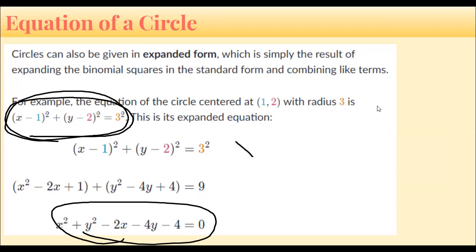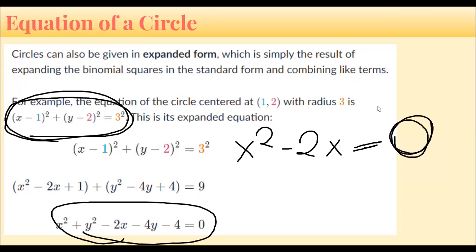If you have x squared minus 2x, let's say, hypothetically, is equal to 0. All right, so I'm sorry, let me change this. x squared minus 4x is equal to 0, okay? What you could do is called completing the square, right?